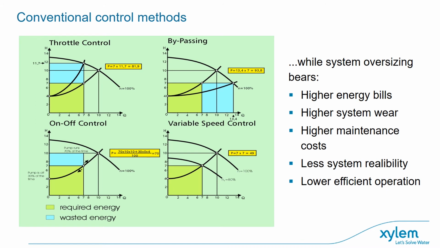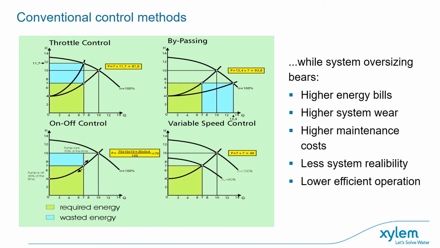So traditional control methods, generally we would have used valves, closed-off valves, whether they're mechanical valves or electronic actuated valves. We would traditionally also use bypass lines, simple pressure switch control, as opposed to variable speed control.